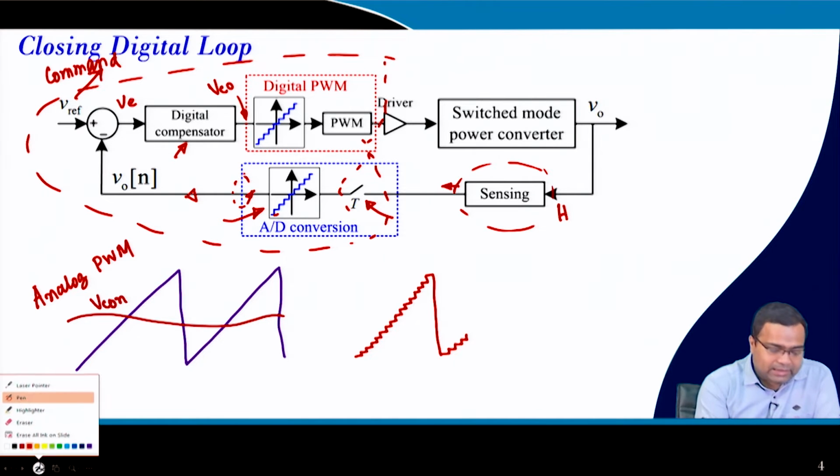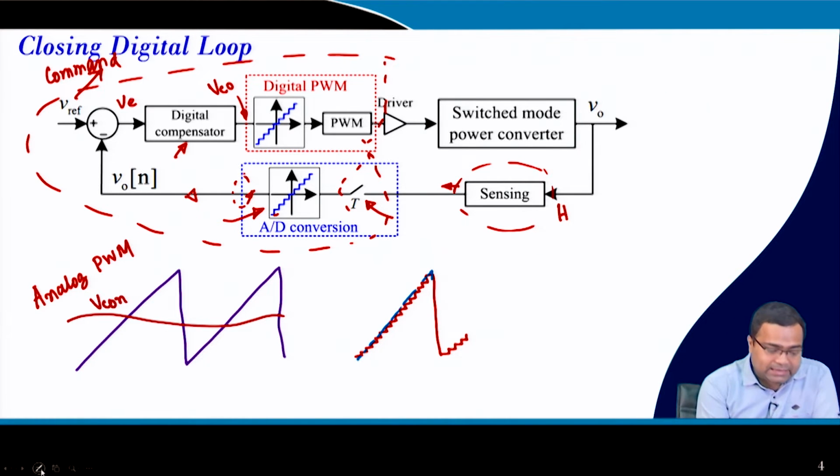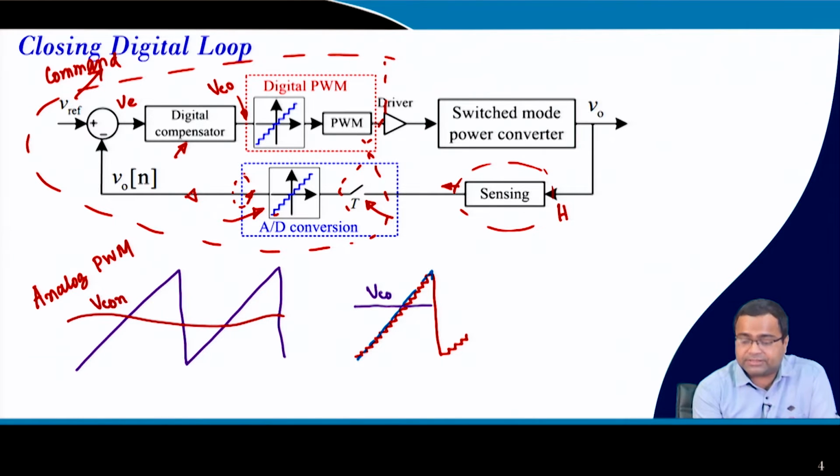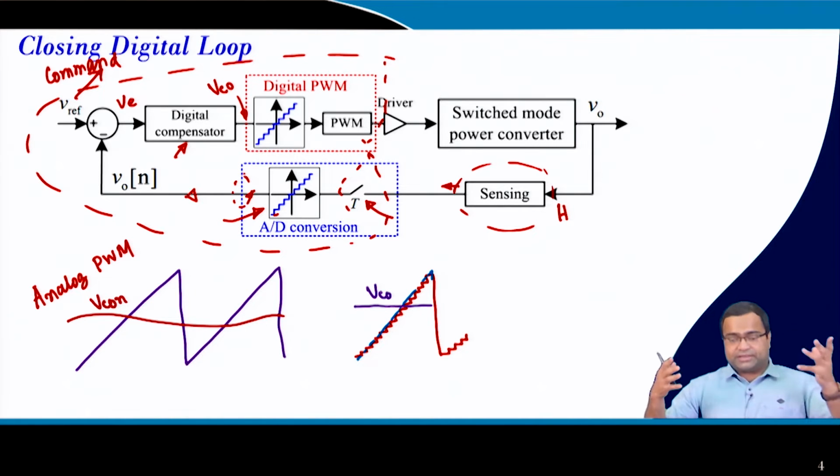So, in an average sense, you can think of this slope as something similar to analog control. Okay? And interestingly, we will see that this control voltage coming from digital will update according to the sampling and the computation rate, because it will only update when you get a new sampling data.